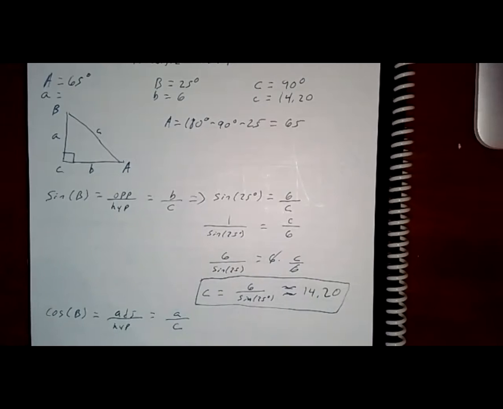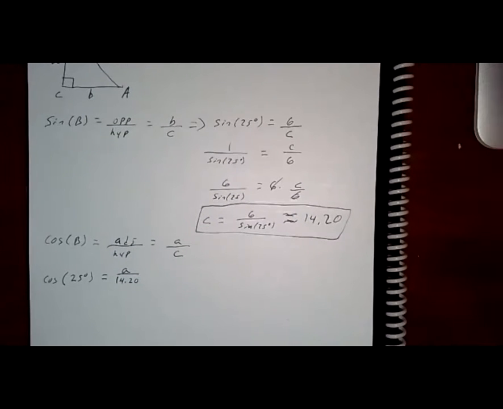So cosine of 25 degrees is equal to a over 14.2, right?